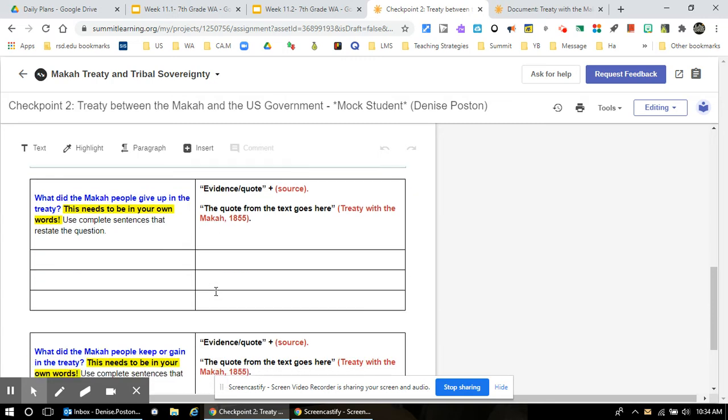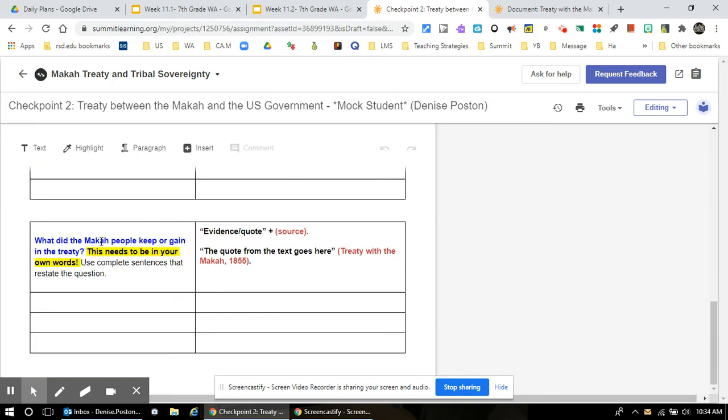And then you are going to be doing what they got to either keep or what they gained in the treaty and evidence over here. So again, this part must be in your own words. It should be in complete sentences. So for instance, the Macaw people got to keep their ability to hunt whales.